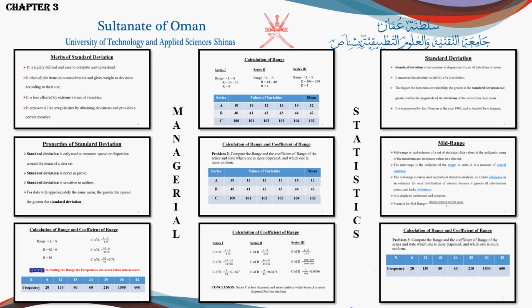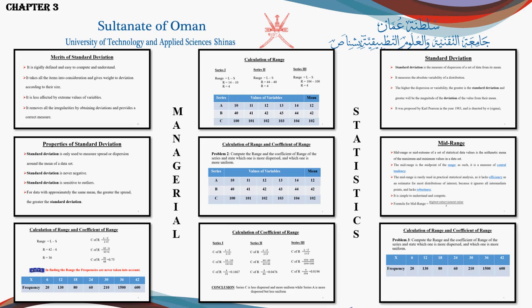So once again, in the previous part I had explained about properties of good distribution, measures, range, its merits and demerits, and also I had taught some calculation of range and coefficient of range with simple problems.